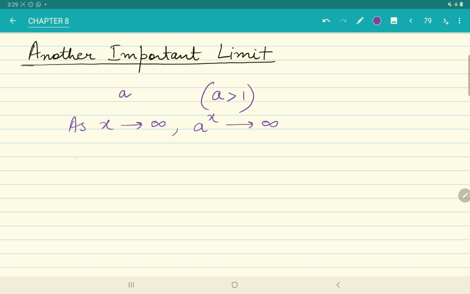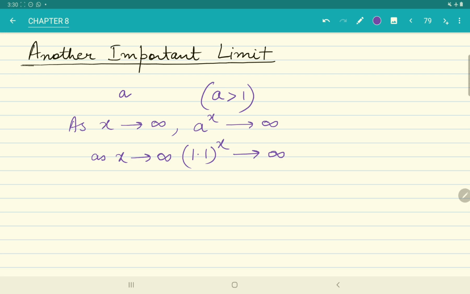For example, I take up a as 1.1. So 1.1 raised to the power x will tend to infinity as x tends to infinity.